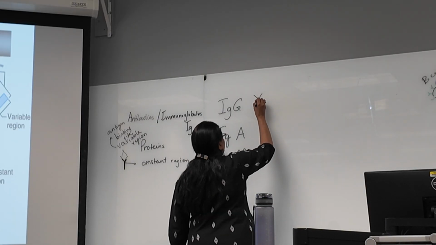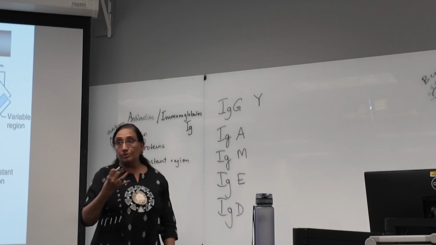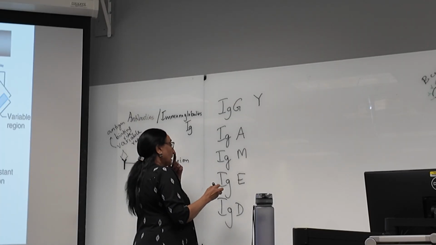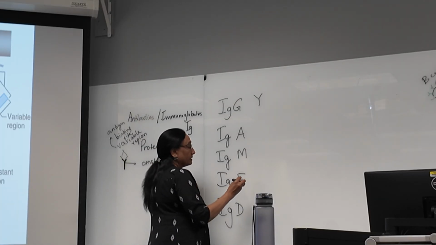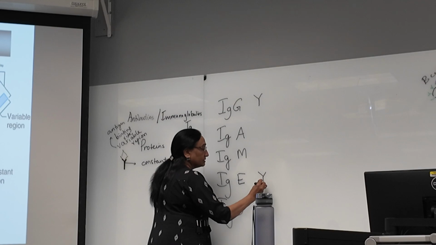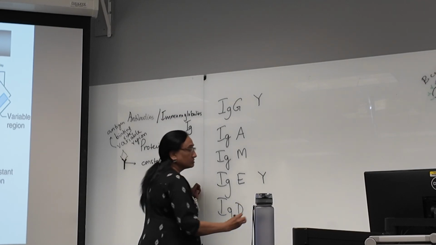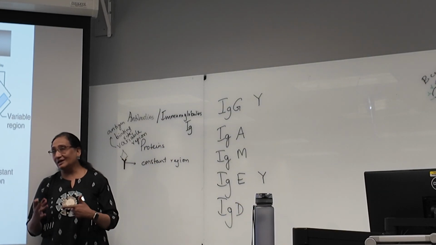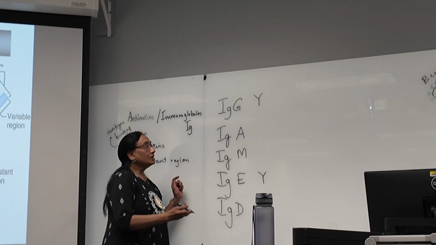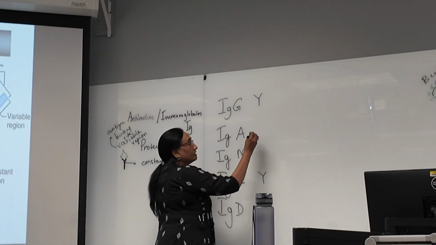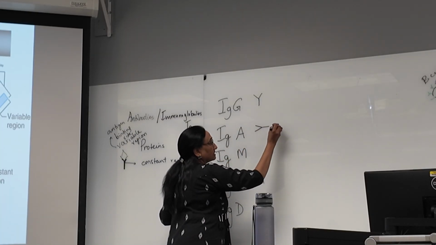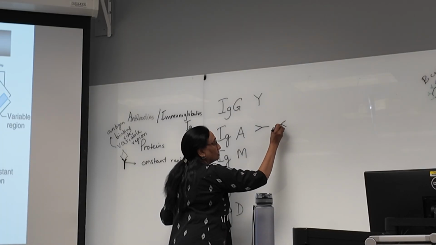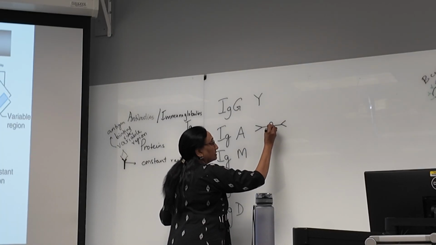IgG will have this characteristic shape like this. It's called a monomer. IgE is also like this. IgD is also like this. So each antibody is different. IgA will look like this. It's a dimer, so it has 2 like that joined together.